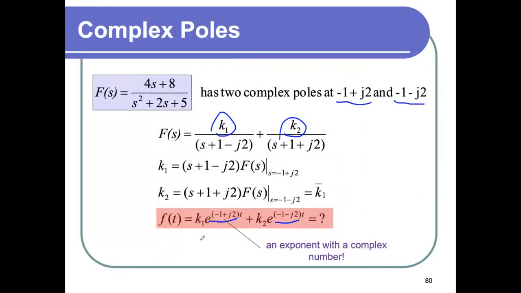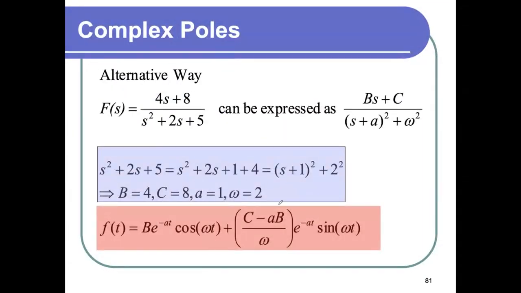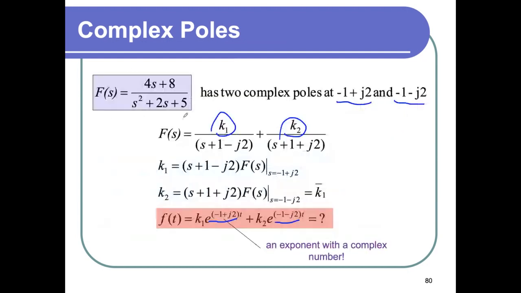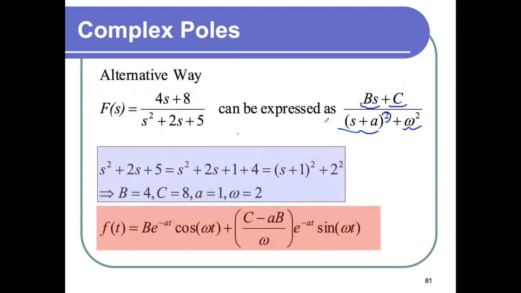Where is the slide? Yeah. So one thing to notice here is that this can be expressed as BS plus C over (S plus A) squared plus omega squared. So if I have complex poles, then I can represent them like this, right?